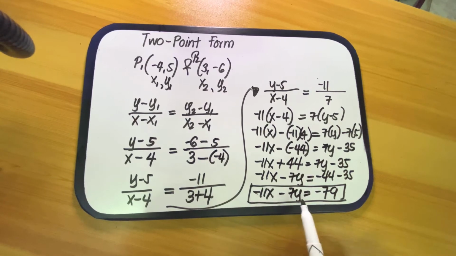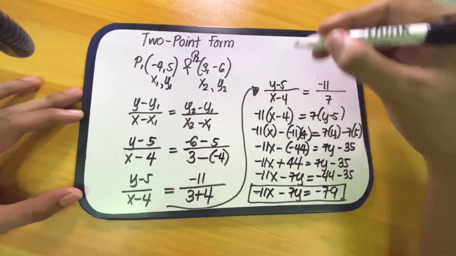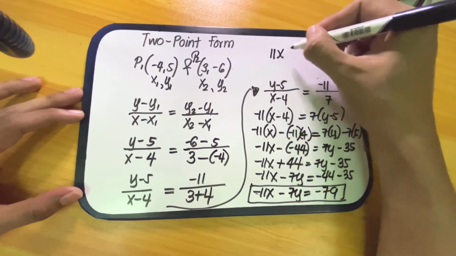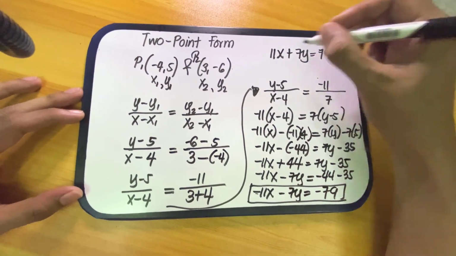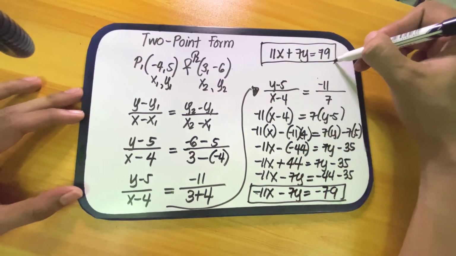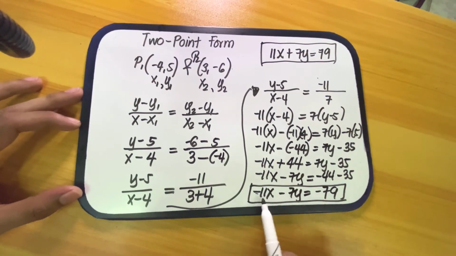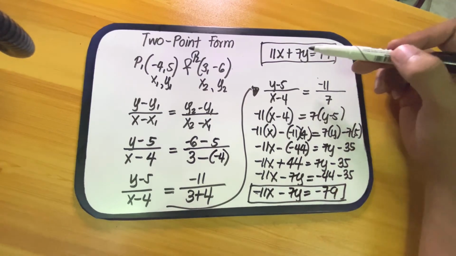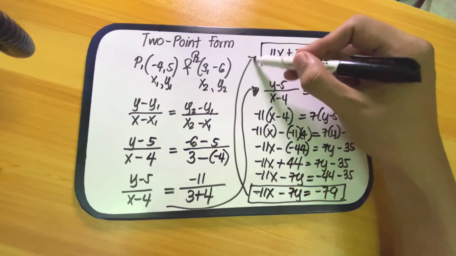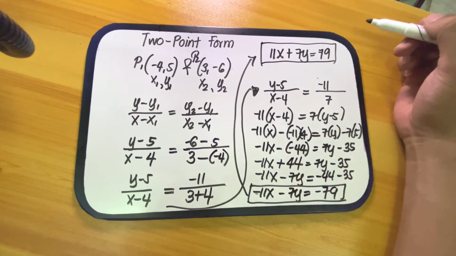So negative 11x, negative 7y equals negative 79. So you can rewrite that one from this one. It will become 11x plus 7y equals 79. So still, they are the same. Okay, so this one, we have just to multiply negative 1 to both sides. It will become 11x plus 7y equals 79.